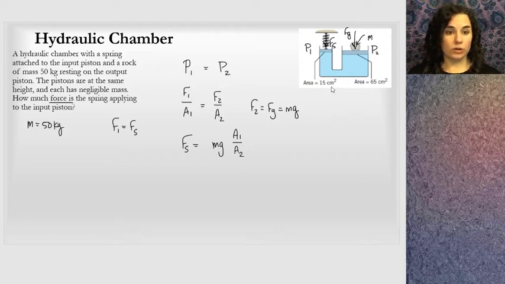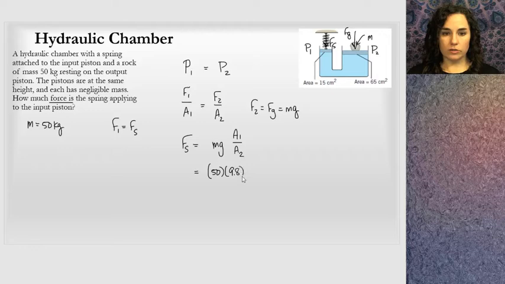You can notice over in the diagram that the two areas are in centimeters squared. You may be inclined to convert those units to SI, which you could do and not be wrong in doing. But because I have a proportion here, I'm not going to worry about converting them because the units and any conversions would cancel anyway.